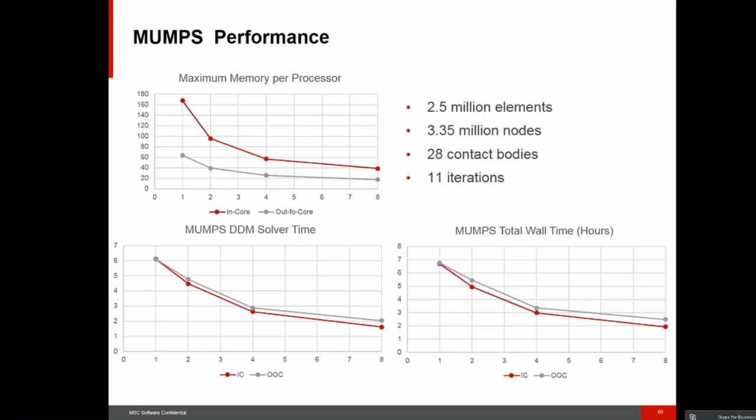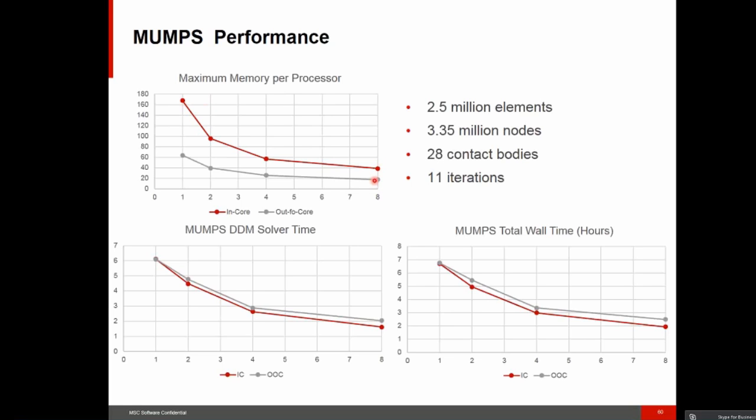Consider this model, an engine block of 2.5 million elements. It has about 10 million degrees of freedom in total, lots of different contact bodies. It's a typical bolt loading problem followed by thermal behavior. Before, you would have needed 160 gigabytes on one processor because we formed that global matrix. Now we can use multiple computers and distribute the memory requirement.